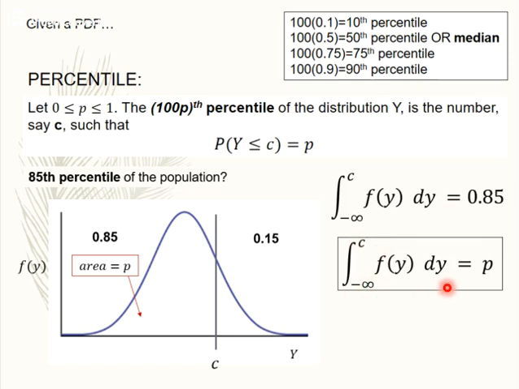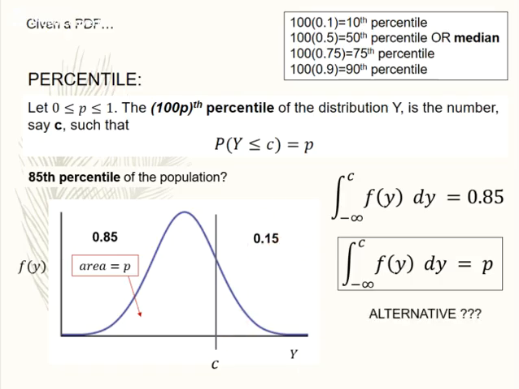Now, alternatively, you could have looked at this question a slightly different way and still gotten the right answer. Sometimes it's easier to look at it the other way around and use the complement rule. So naturally, if 0.85 is to the left of C, then 0.15 is to the right of C. So you can write an equation to solve for C using the area on the right.